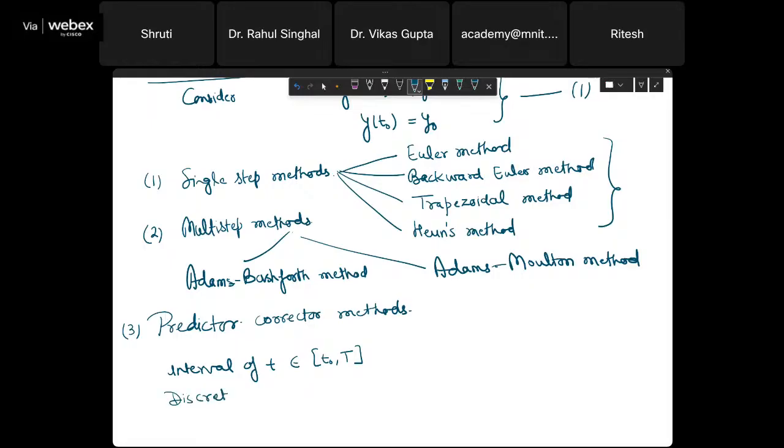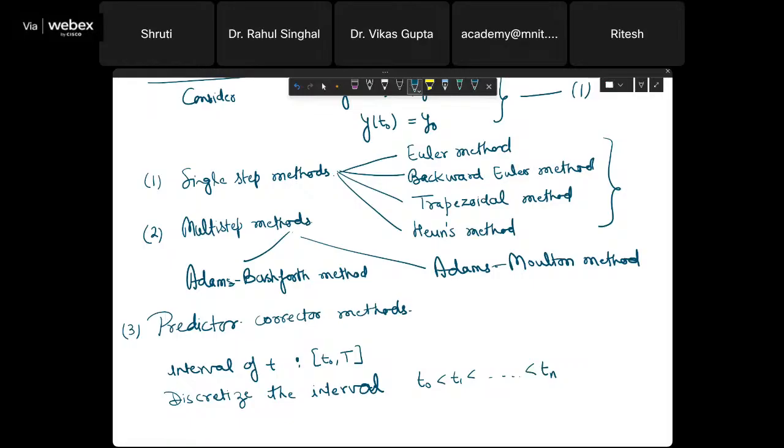So the first step, in general, for any numerical method, is that we discretize the interval as t0 less than t1, and so on, in any number of points we can discretize. I'm just taking, say, n number of points.